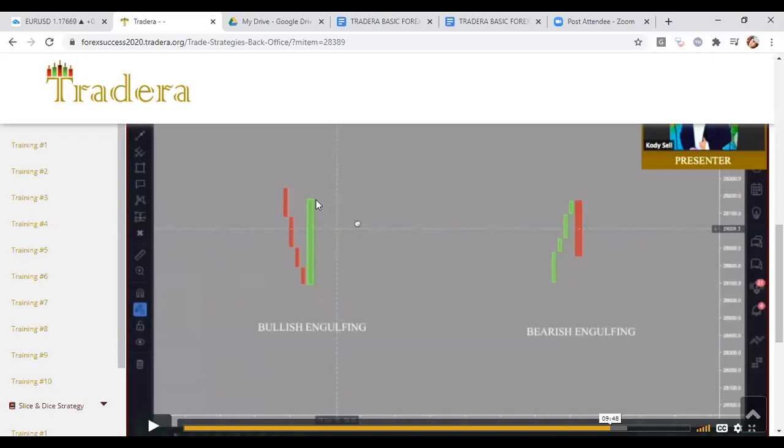Now it can either open and go up, or it could open and come down. I wouldn't be worried about anything unless this was like some news or something. But if your next candle doesn't engulf this candle, then you're in the bullish. It's bullish.